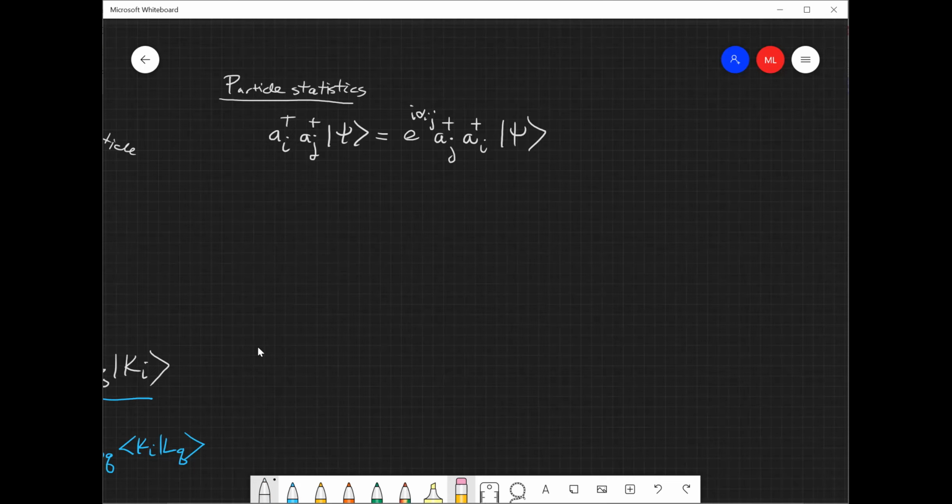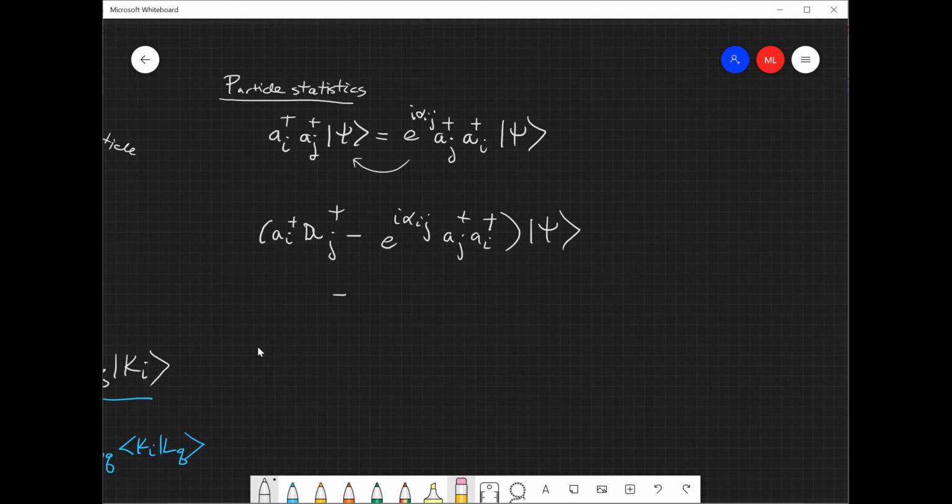And you can see that by recognizing that if we subtract these two things, then we have a_i dagger a_j dagger minus e^{i alpha_ij} a_j dagger a_i dagger. So this whole thing has to equal 0.